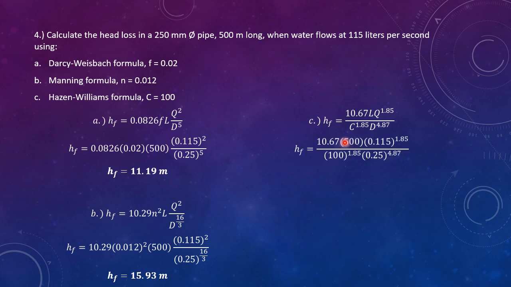Substituting, L is 500, Q is 0.115, C, which is the Hazen-Williams coefficient, is 100, and D is 0.25. Solving for hf is equal to 16.65 meters.